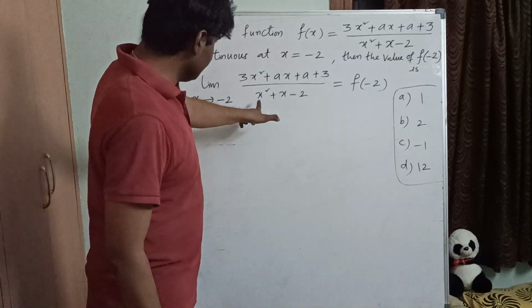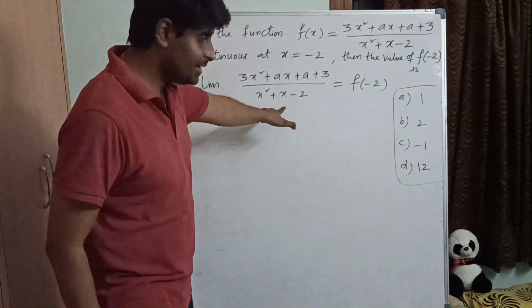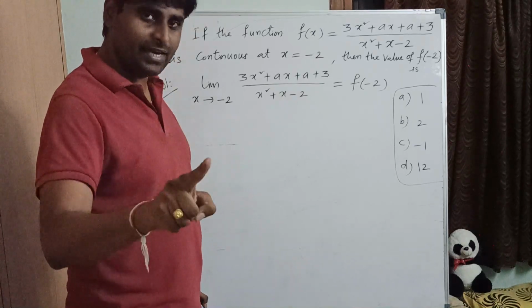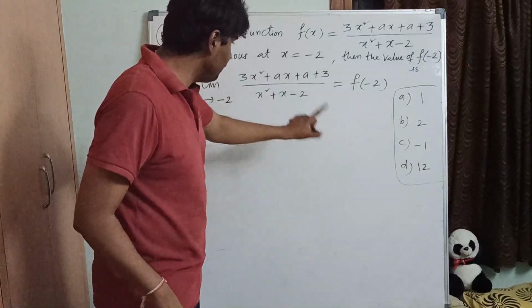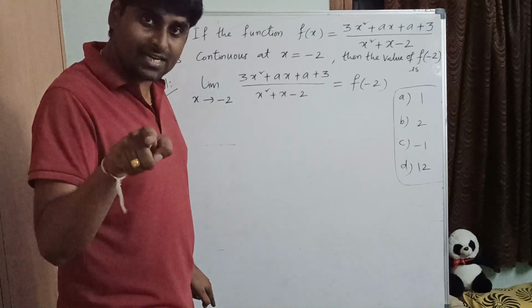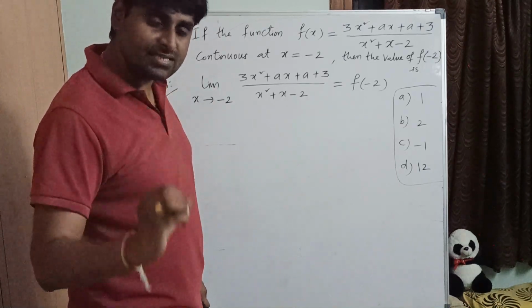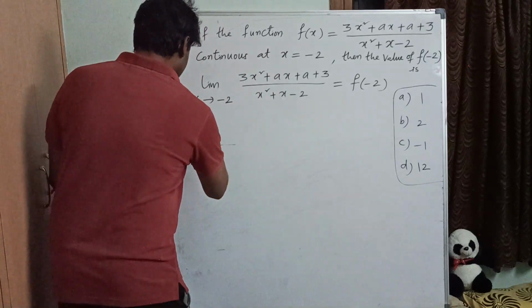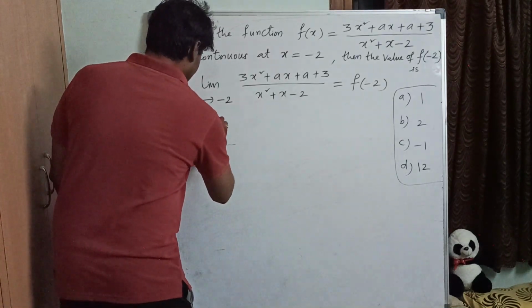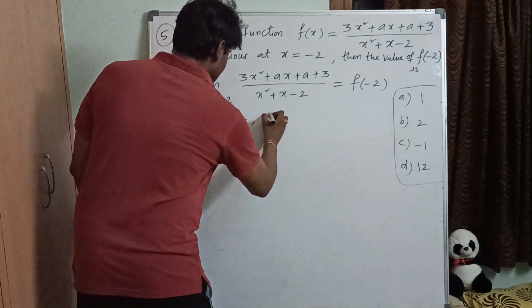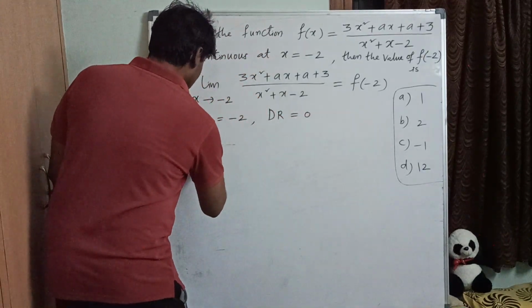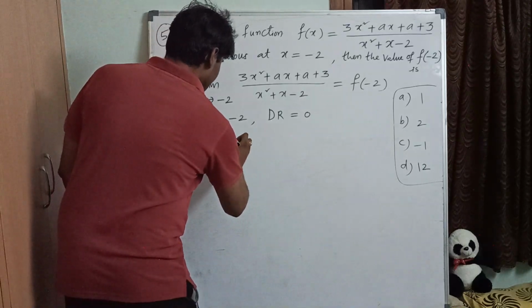Whenever the denominator is 0 by substituting this limit, the numerator also must be 0. So from that we will get the value of a. Then by substituting the a value back, this function will become the original. Then finding the limit will be easy. So at x equal to -2, the denominator is 0. That implies the numerator also must be 0.